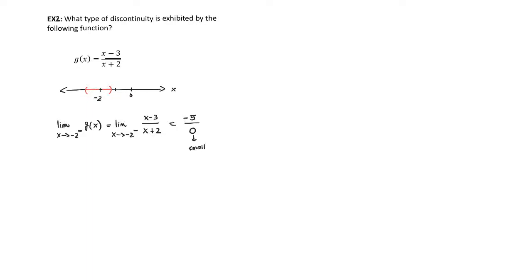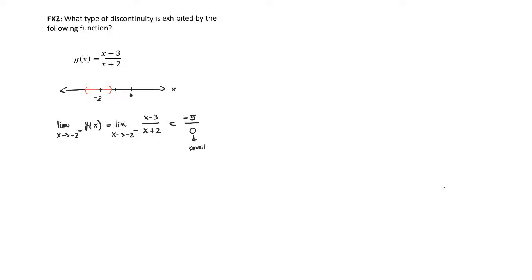And because x is approaching -2 from the left, let's say something like -2.5 and so forth, when you plug in, for example, -2.5, -2.5 plus 2 is going to be negative. So I am going to have the effect of dividing a negative number, -5, over something very small but negative.